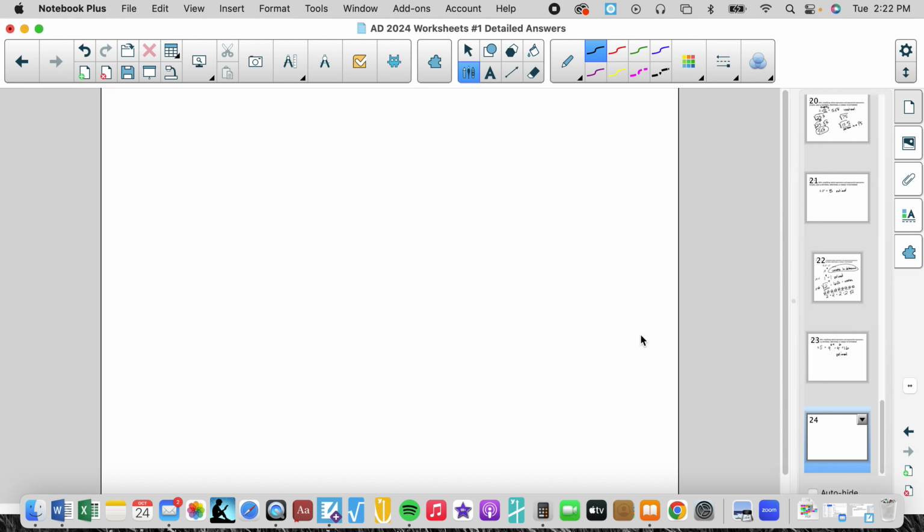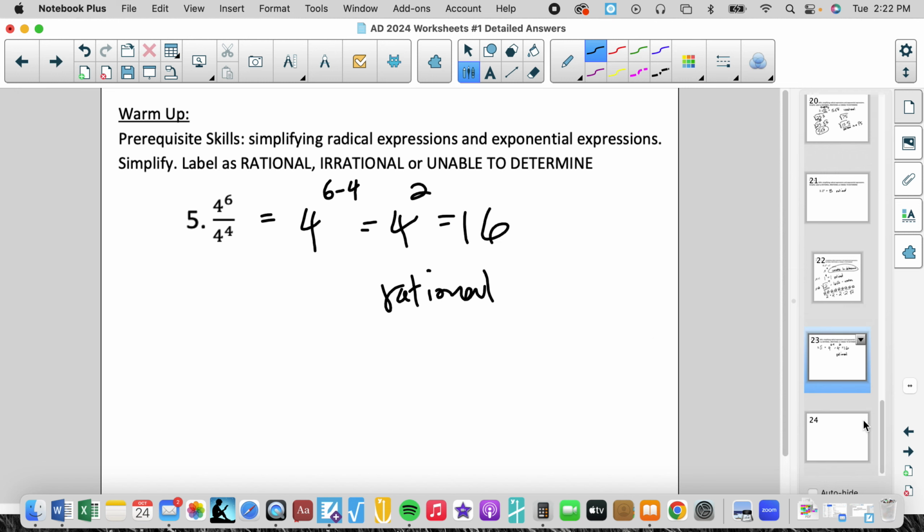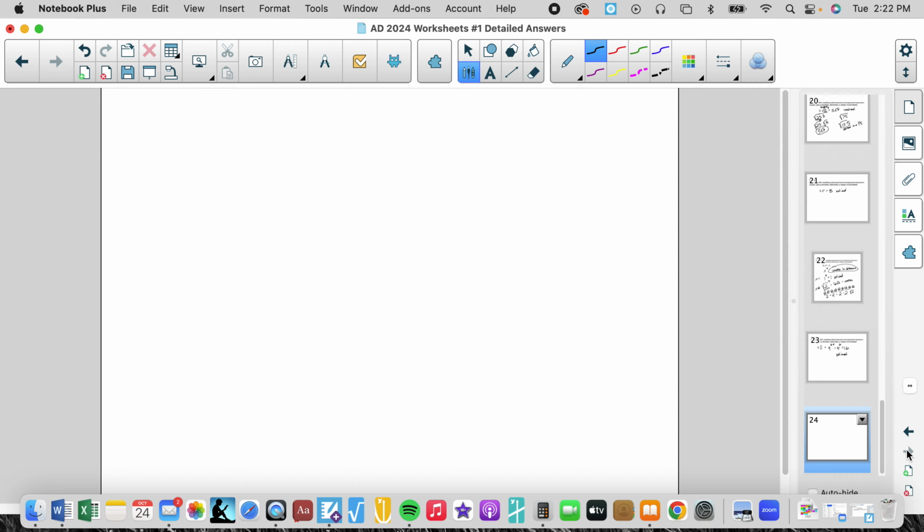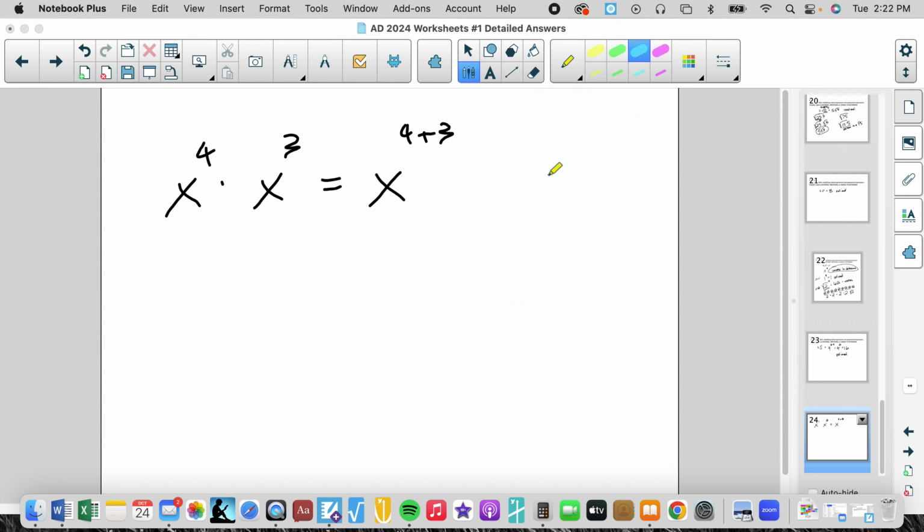Hopefully you understood all the little pieces that we talked about. I guess we can go over this. Let's talk about that before I close this up. Let's talk about when we multiply like bases. So when you have x to the 4th times x to the 3rd, we have x to the 4 plus 3, so that becomes x to the 7th.